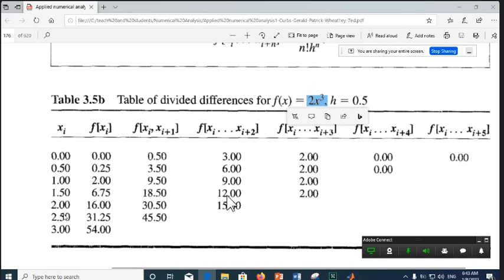The other points are extra, and in the fifth column we get this constant value of divided differences, and computation of other columns is no longer required.